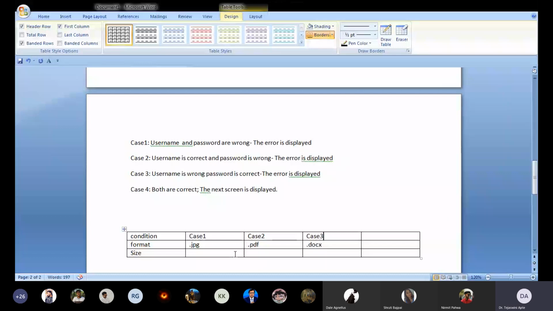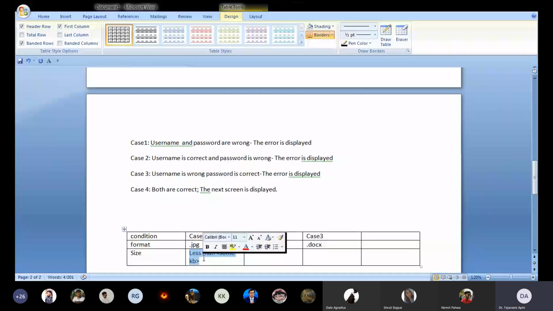If this is a JPG image, the size could be less than some KB, let's say. If you go with the PDF, the size could be less than some KB somewhere, same here with the graphic. Are you getting all the participants? As simple as that.